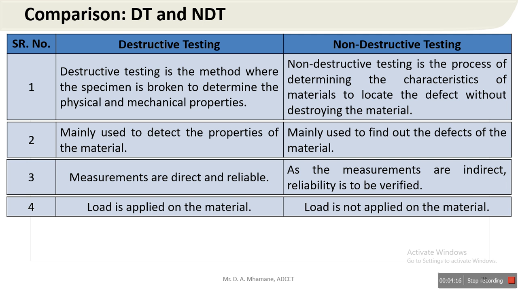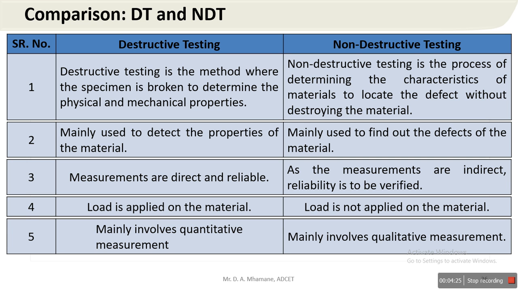As we said earlier, in destructive testing load is applied on the material, in non-destructive testing load is not applied on the material. So destructive testing mainly involves quantitative measurement, and non-destructive testing is qualitative measurement. Destructive testing gives us the value of property and non-destructive testing gives us the behavior of material, or we can say the nature of material.